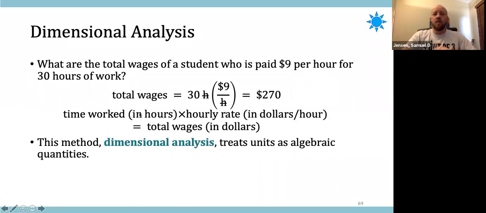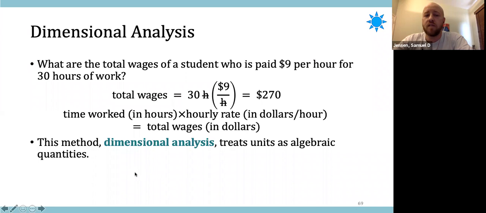Dimensional analysis is really a way to keep track of the units. We want to keep track of what units are going away as we do various math. For some of these early problems, it's a little too much to do it this way. But as we get into more complicated problems, dimensional analysis helps us keep track of our various units.